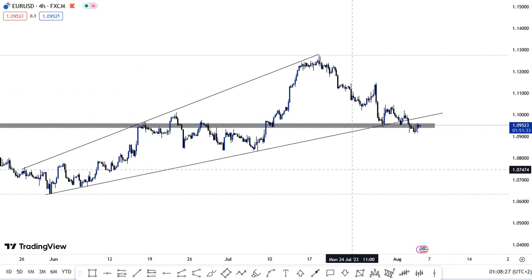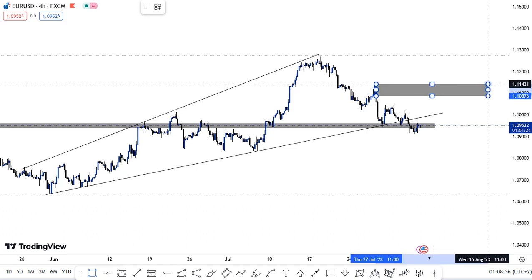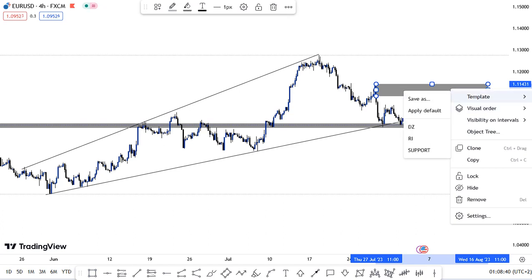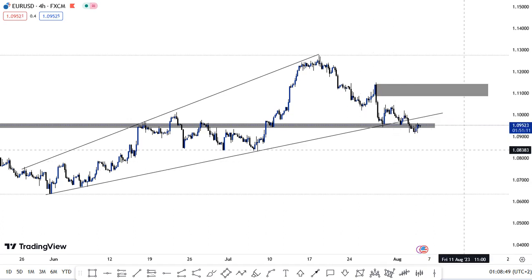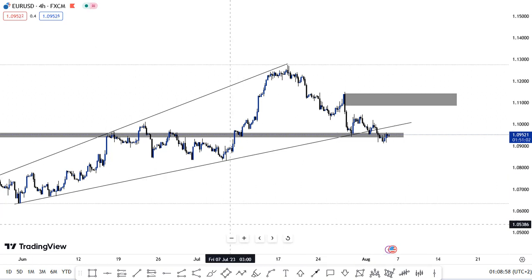I see a supply zone as well here. But that doesn't matter now, because we're focusing on, nah, I don't have it. So I feel like we have a demand zone here, I mean supply zone, but we cannot look into it that much.